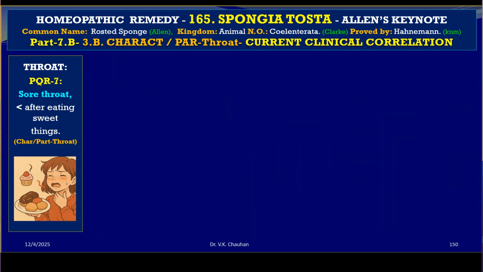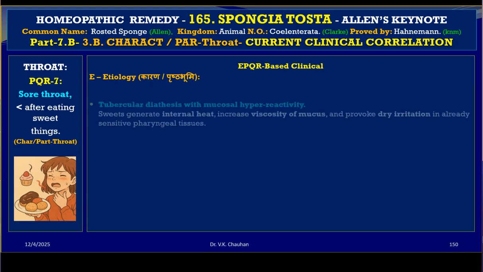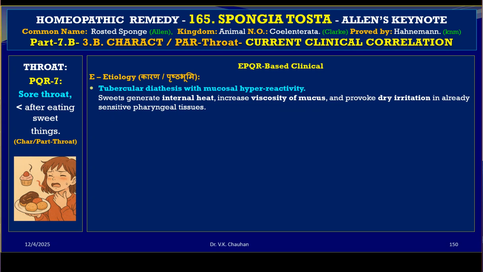So friends, let us go to the next slide, and here we find the EPQR based clinical analysis. E stands here for etiology, and etiology is tubercular diathesis with mucosal hyperreactivity.